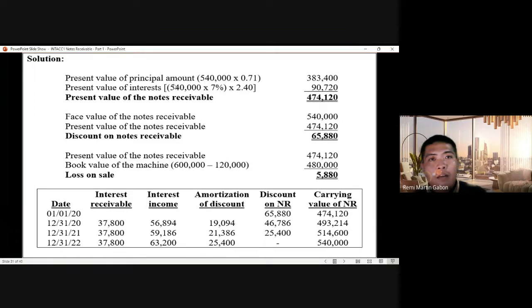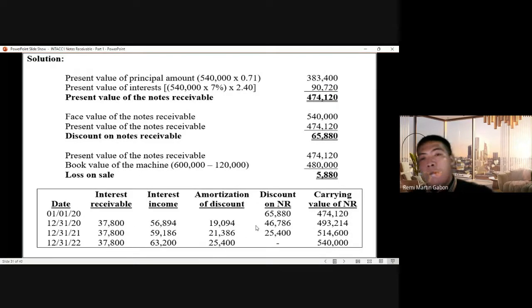Ito yan, 540,000 times 7%, 37,800. Then sa discount column, nandito yung 65,880. Then yung carrying amount nasa January 1 row, yung 474,120. Now the question is, how did we arrive with the interest income and amortization of discount?